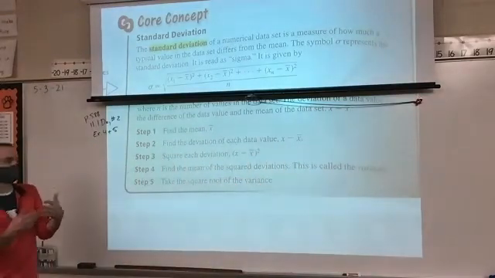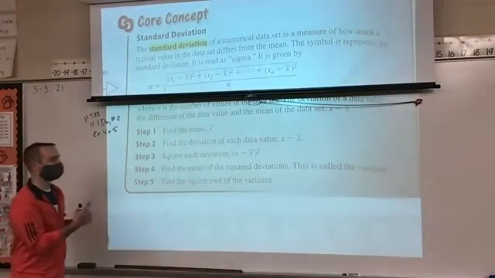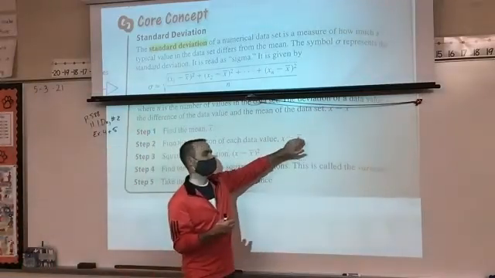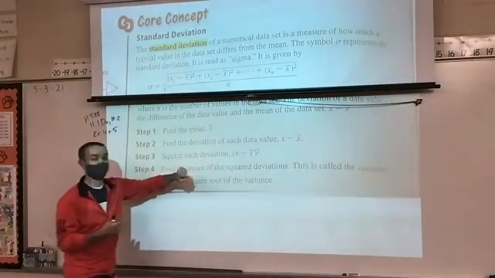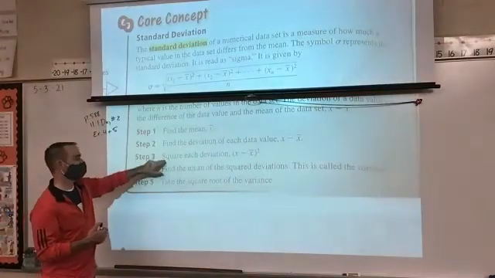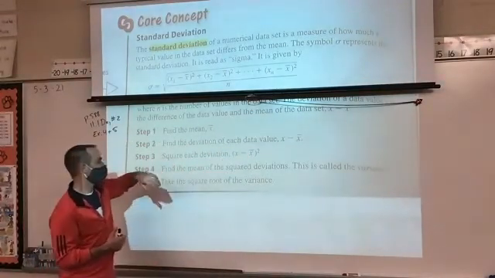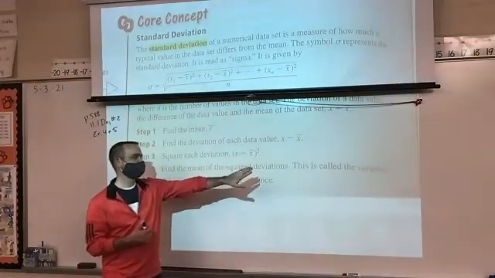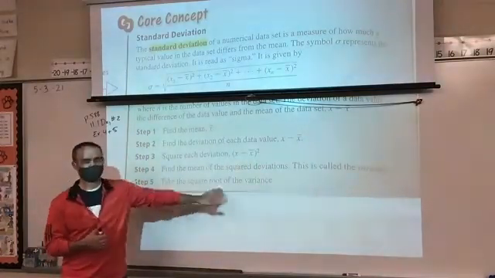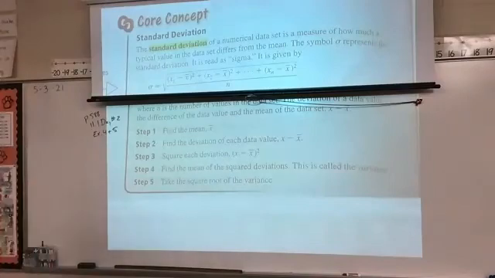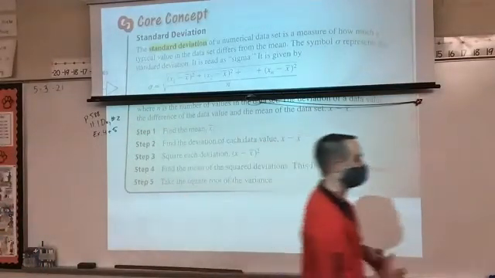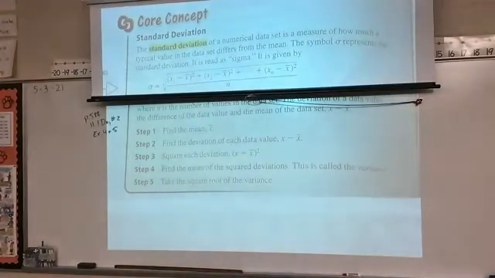It doesn't matter which way you go, but you're going to subtract the mean and each data point. You're going to take that answer, you're going to square it. Then you're going to find the mean of those answers, and then you're going to take the square root at the end.